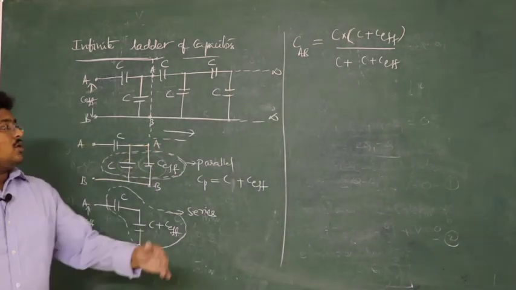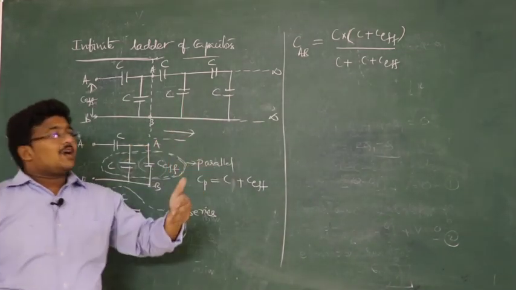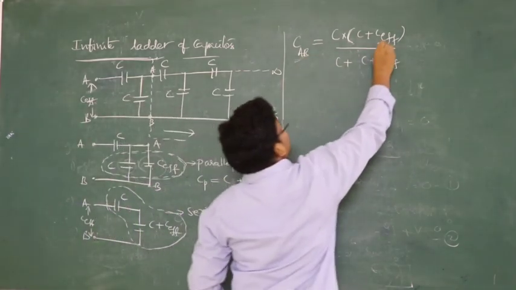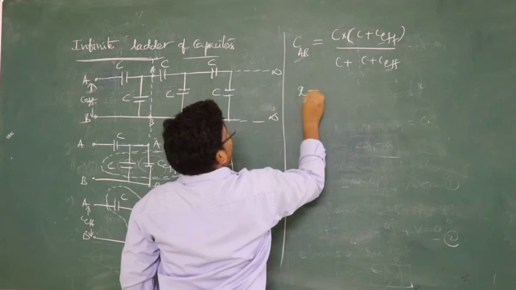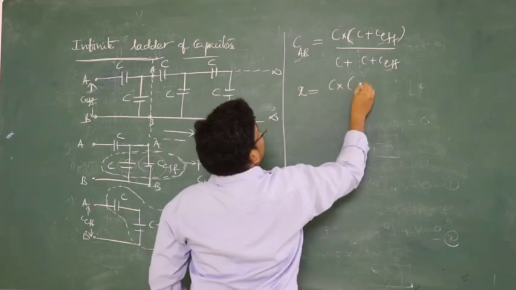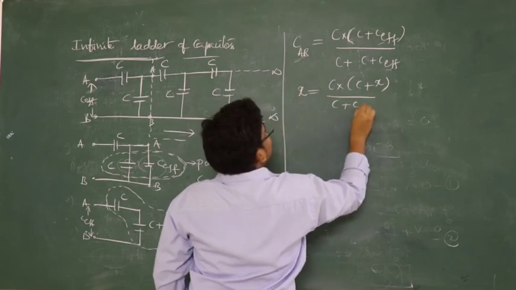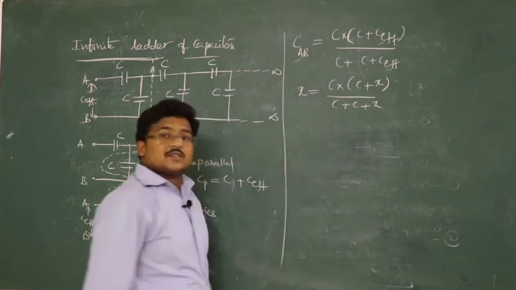Understood? Now I am assuming C effective as some x. So x is equal to C into (C plus x) by (C plus x plus C), that is, by 2C plus x.